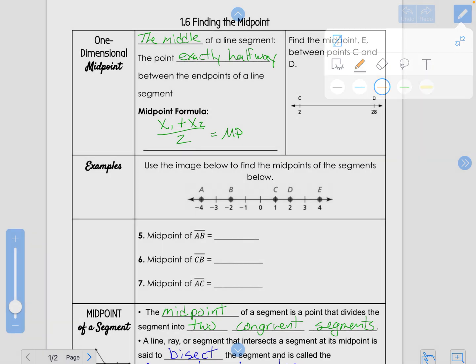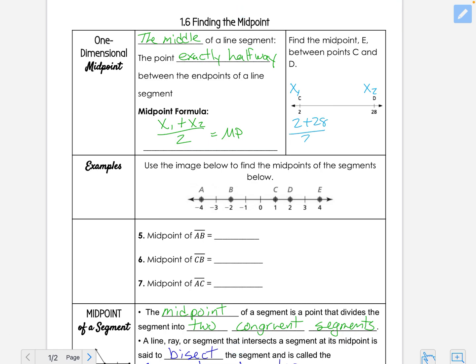So if we look at this first example over here on the right, we've got C, which I'm going to call x1, and D, which I'm going to call x2. So we're going to take x1 plus x2, and we're going to divide it by 2. So 2 plus 28 is 30, divided by 2, which equals 15.